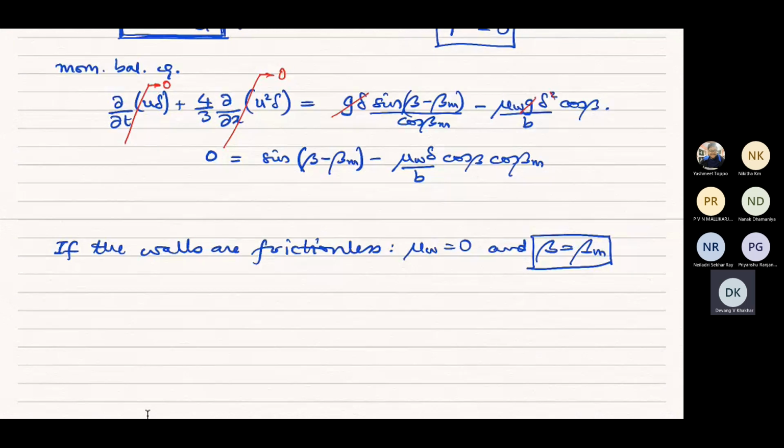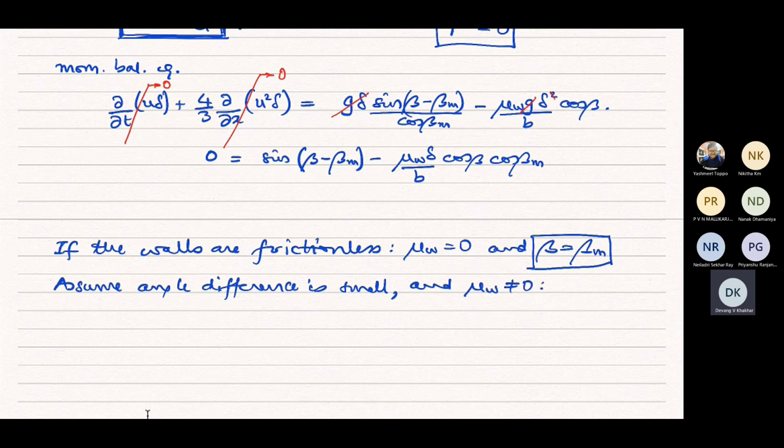But when there is wall friction, and if we assume the angle difference is small, and of course mu_w not equal to 0, in this case, you are left with beta is equal to beta_m plus mu_w delta by b into cos of beta into cos of beta_m.